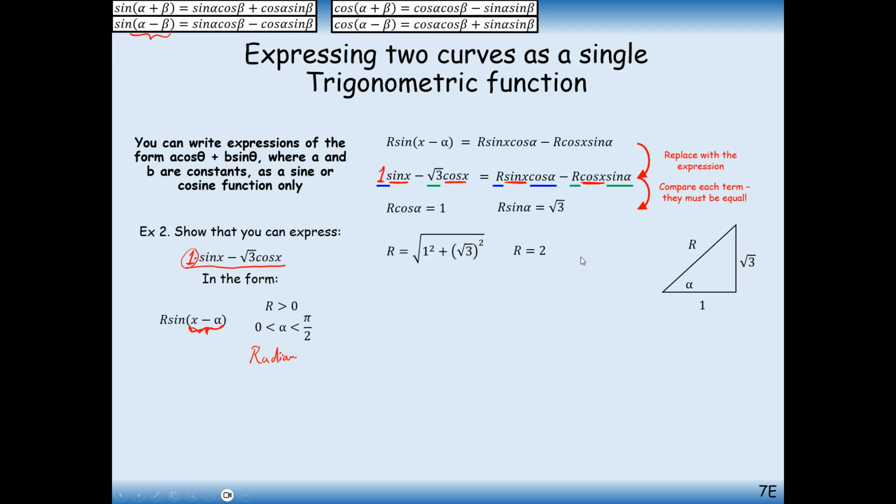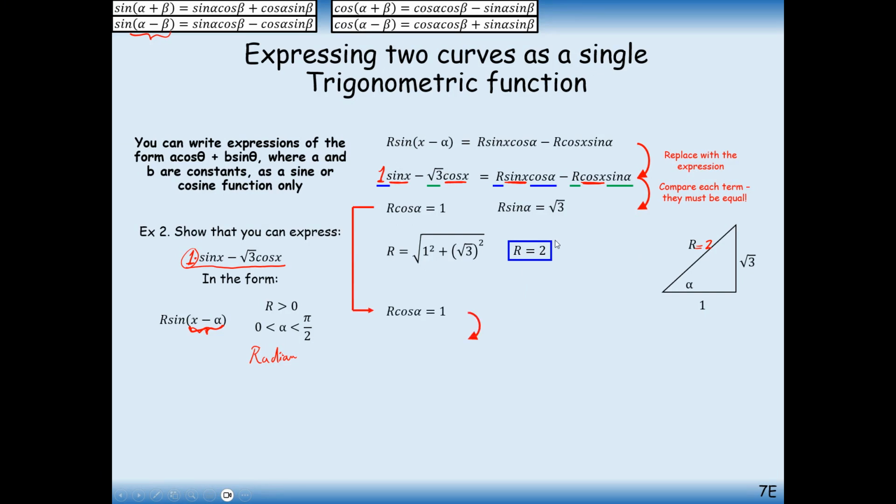We take the hypotenuse with Pythagoras, and the calculator will tell us that the square root of 1 plus root 3 squared gives us 2 for capital R. And no matter what you use now, you can take inverse cos of 1 over 2, or you can take inverse tan of root 3 over 1, it doesn't matter. You will get the same answer.